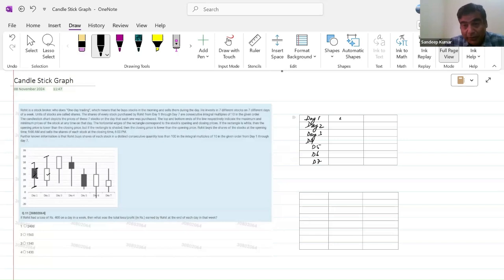The opening price would be 40 and the closing price 24.